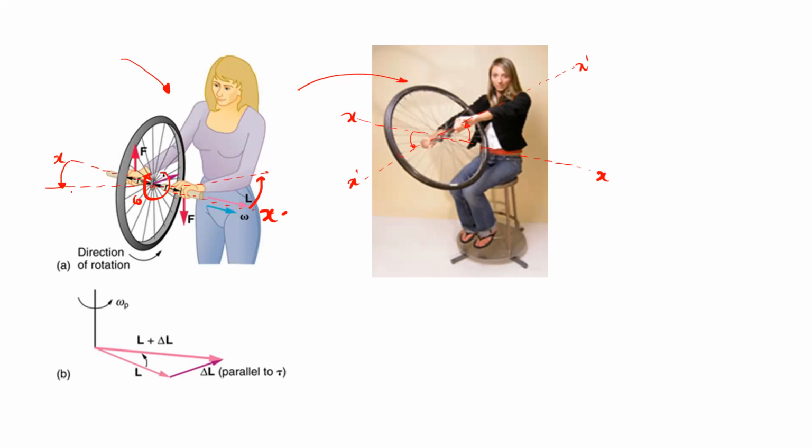So how can you experience the effect of gyroscopic couple? Imagine this person is sitting on a turntable. When we rotate the axis xx in this direction, to x dash, then this turntable will automatically change orientation.